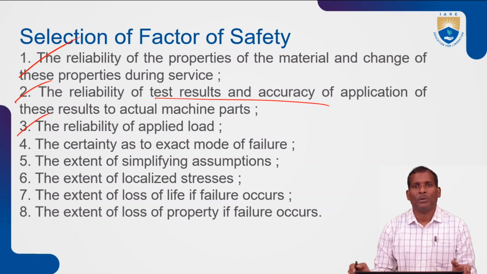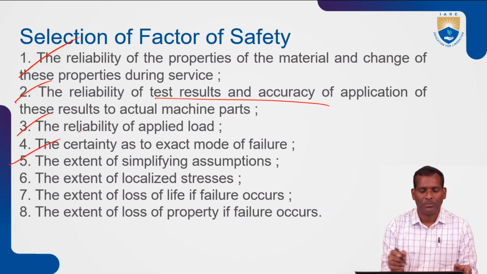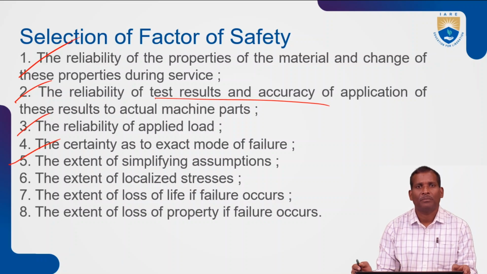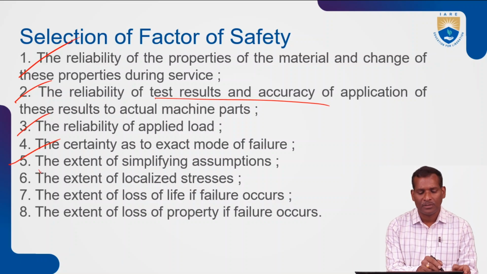The certainty as to the exact mode of failure. What are the failure conditions? What are the failure criteria? You should know these before selection of factor of safety. Then the extent of simplifying assumptions.